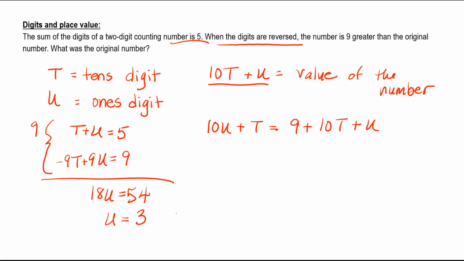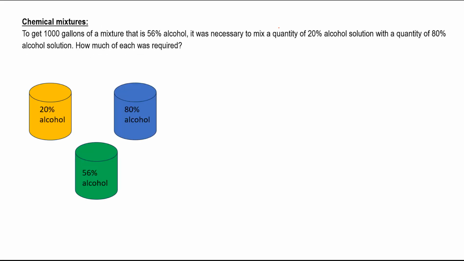And if u is 3 and the digits add up to 5, then t is 2. So the original number is 23. You can see that when you reverse the digits, it becomes 32, which is 9 more than 23. So we did it right.